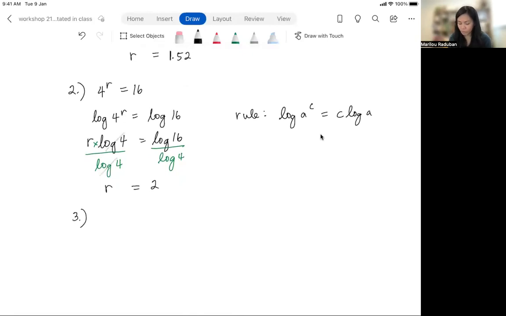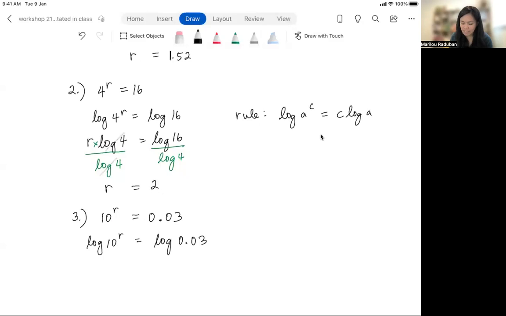Okay, question number 3 is a bit easier because it's again a base 10, and the base 10 is by itself. The exponential function is by itself, and it's base 10. So you can just get the log of both sides right away.